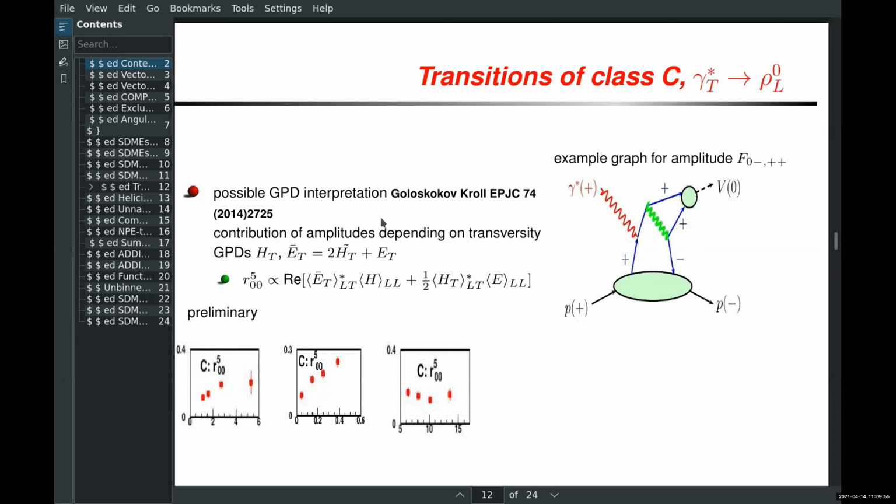This relation is described by Goloskokov and Kroll. It is a definition, with T0 and T1 related to r^5_00, and the formula contains the GPD Ē, from the Goloskokov-Kroll model.